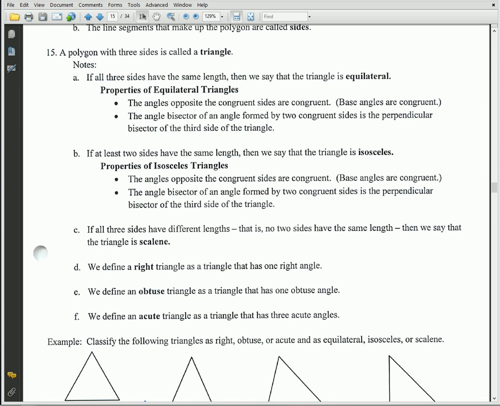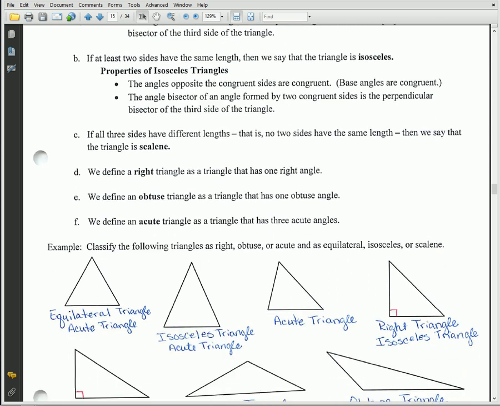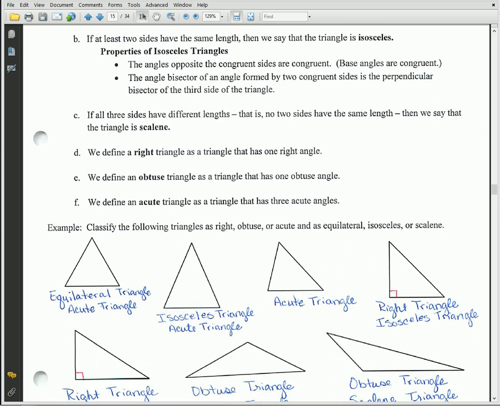The angle bisector of that top angle, the angle between the two congruent sides, is the perpendicular bisector.